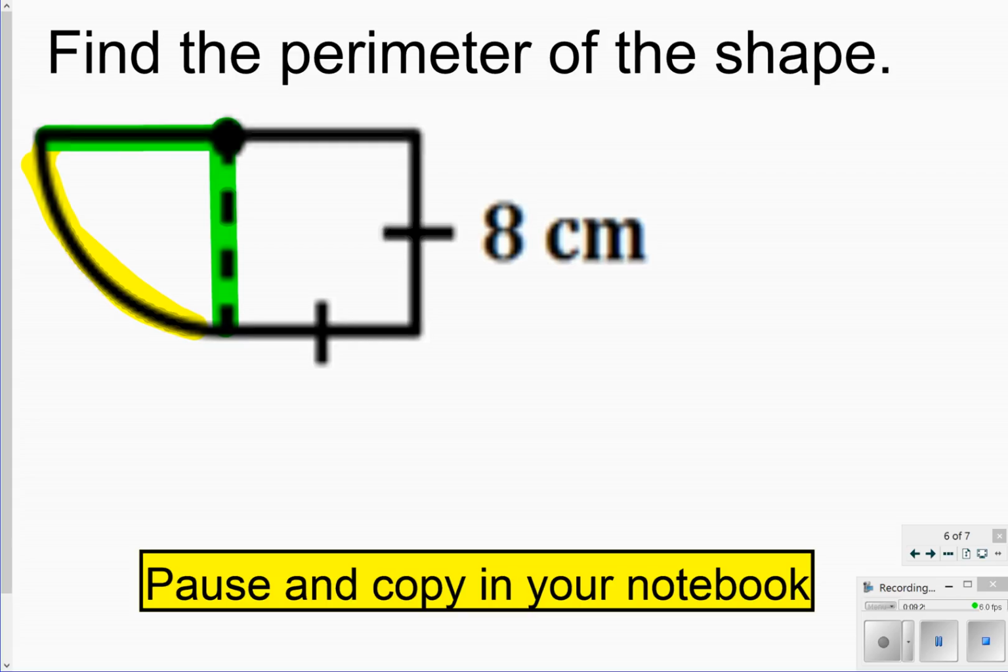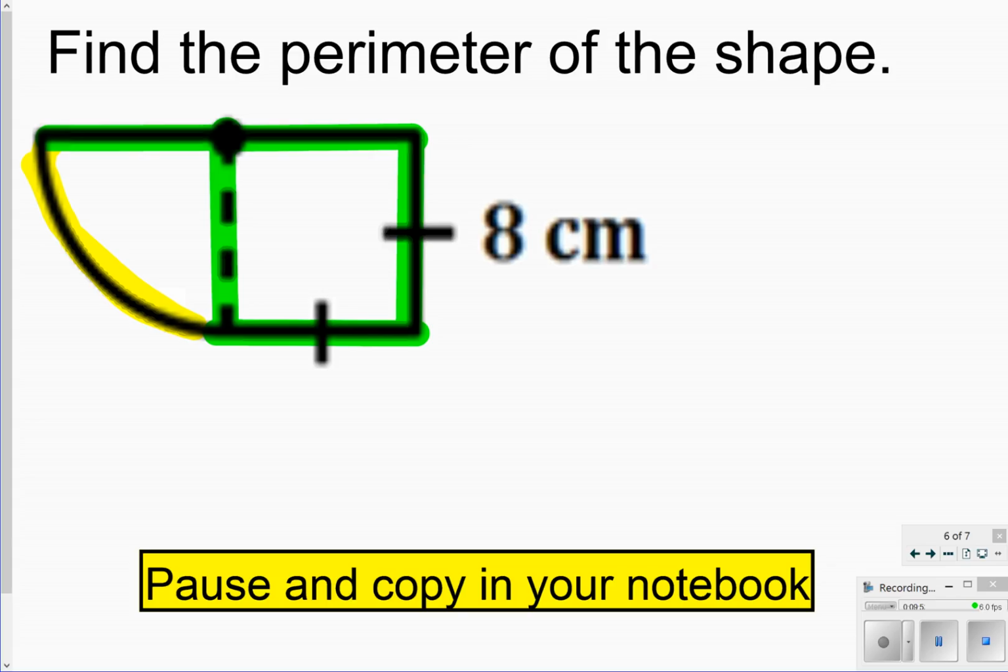But the reason why that's helpful information is because if it's a square, then the side opposite it is congruent to it, which is 8. And that's 8, which means this is 8, and then finally, that is 8 as well.